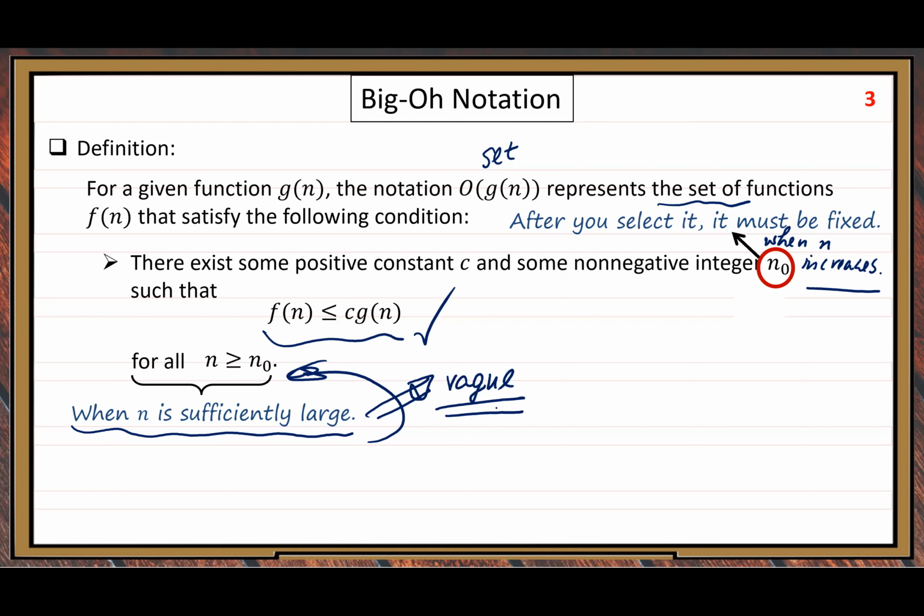When you use this word, it's not objective, it's subjective, because for different people, sufficiently large has different meanings.